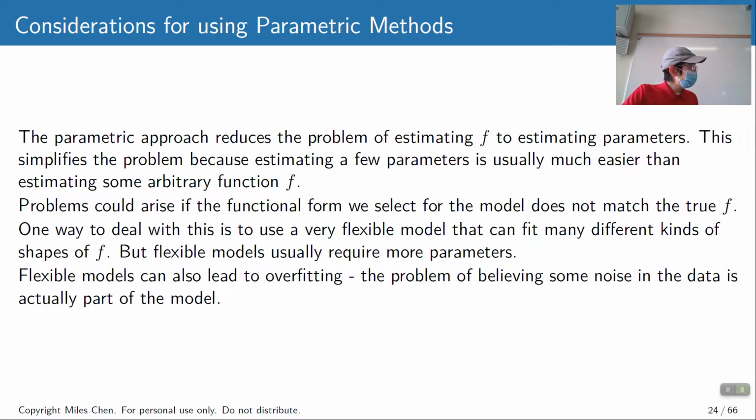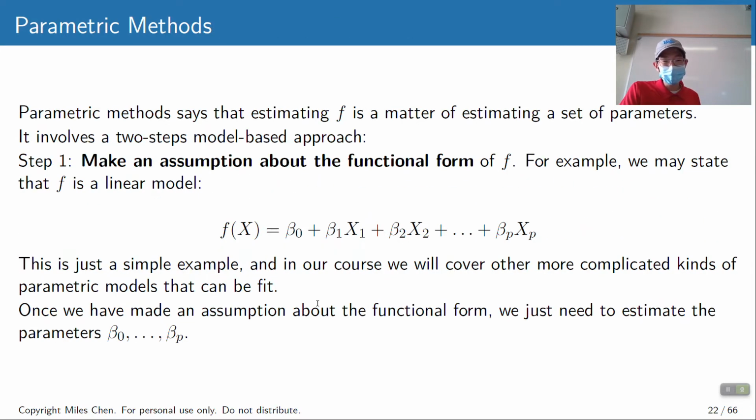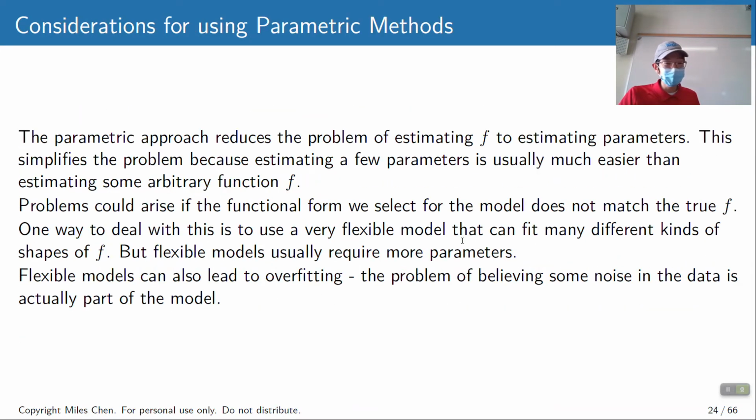We run into problems if this functional form that we selected, so here is a linear function, and maybe you have some other kind of form, does not match the true relationship, okay? Or if you're trying to use this in a place where you don't have any data collected, you're extrapolating, you're also going to run into problems.